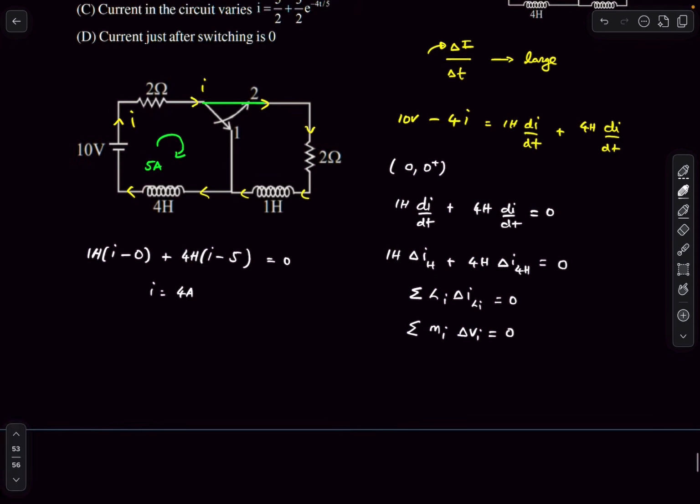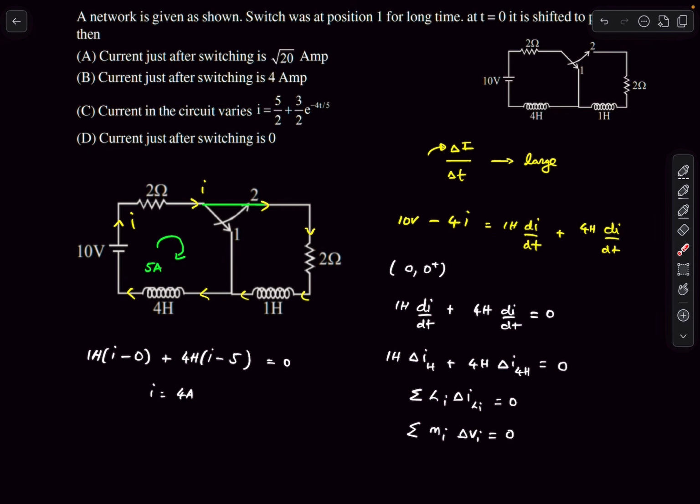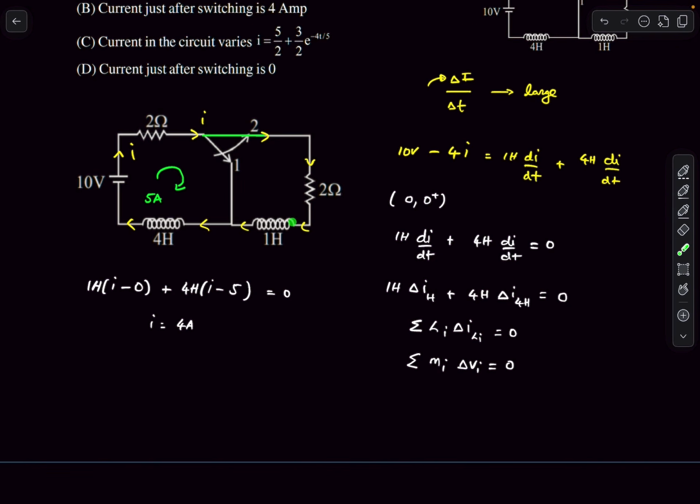Now, if the mutual inductance of these inductors were also given, and they mentioned that it shouldn't be neglected, then it will also be provided how they are coupled. Are their fluxes mutually aiding each other, or are they opposing?